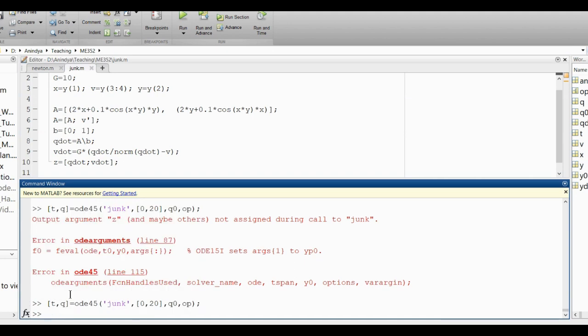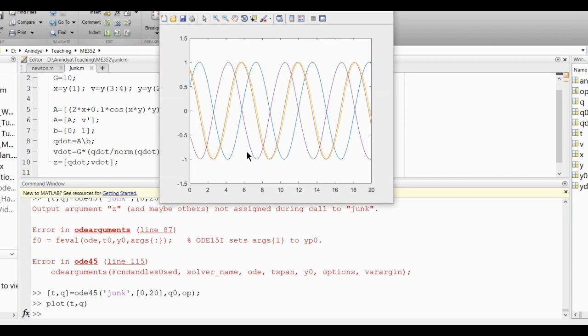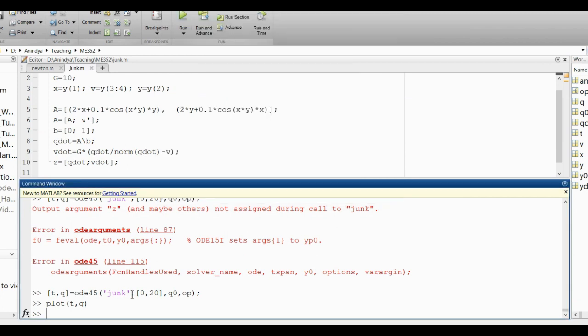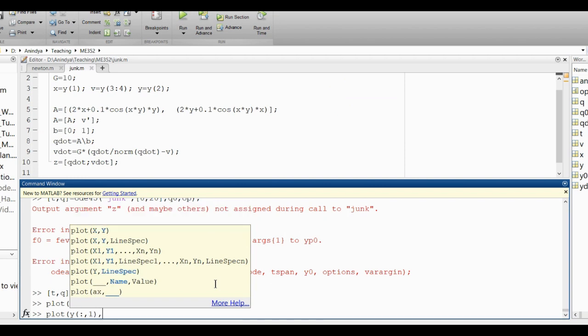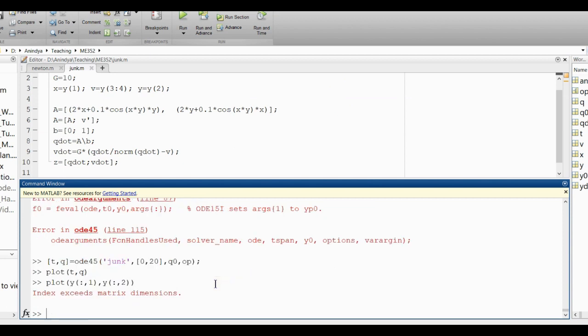That worked. So if I look at plot of q versus t, then I'm getting this oscillatory sort of solution. Several things are there, but what I'm really interested in is y versus x. So I am interested in plot of all rows first column against all rows second column of q.